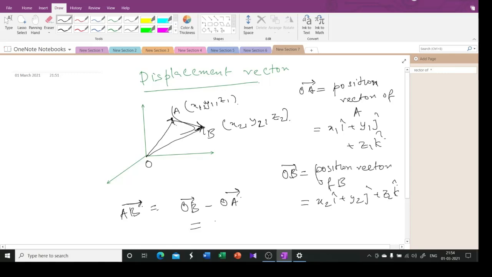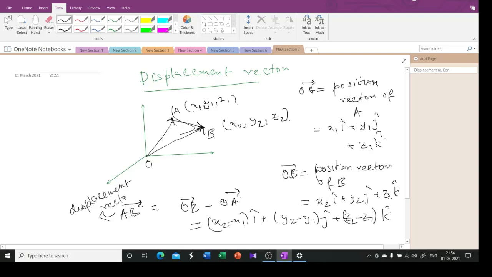That's simply (x2 minus x1) i cap plus (y2 minus y1) j cap plus (z2 minus z1) k cap. Since this is the displacement, we call it the displacement vector. As simple as that.